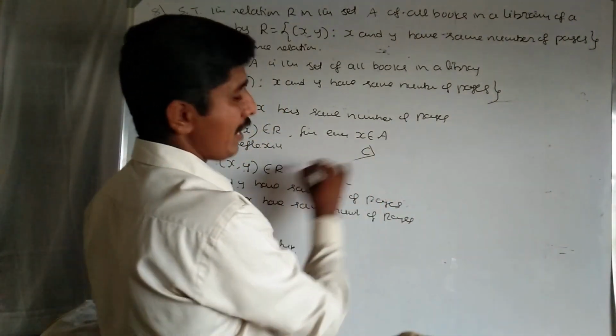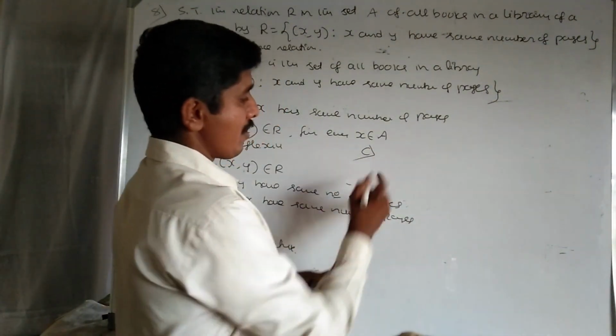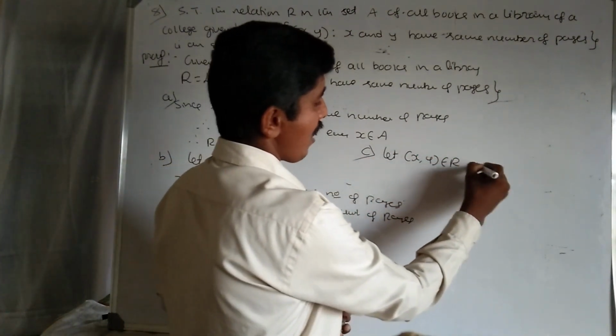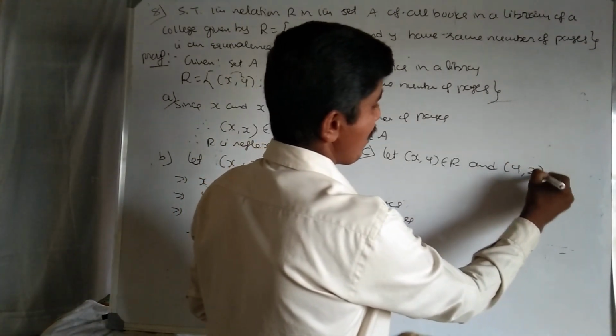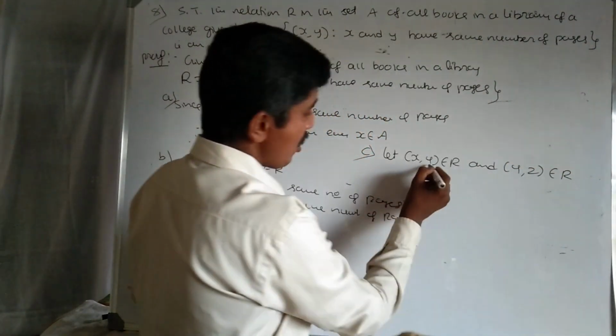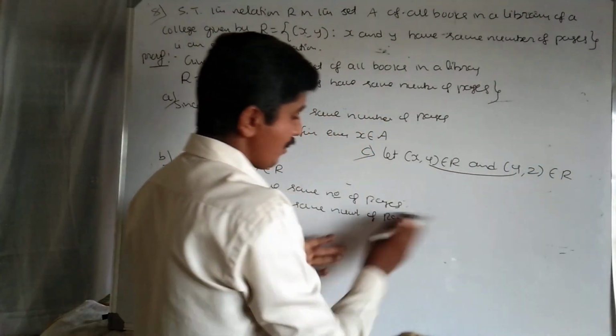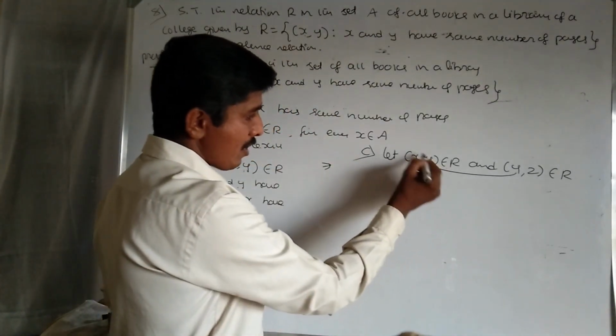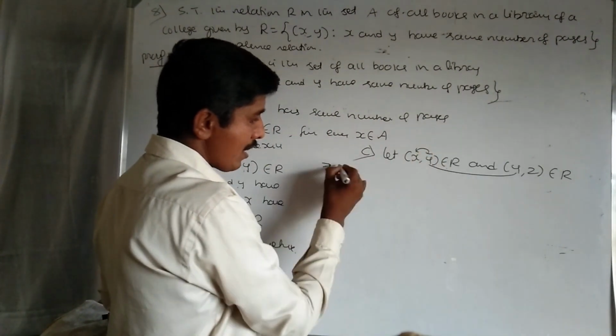Next, transitive. Here I'm going fast. Let (x, y) belong to the relation and (y, z) belong to the relation. In these two pairs, the middle elements are equal. (x, y) belongs to the relation means write the relation between x and y.